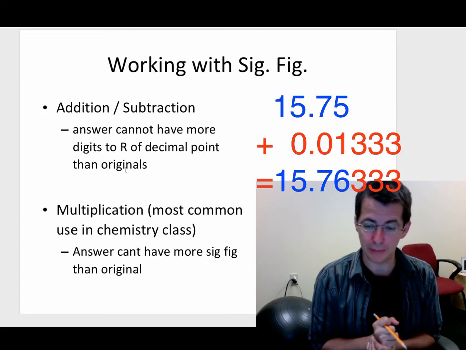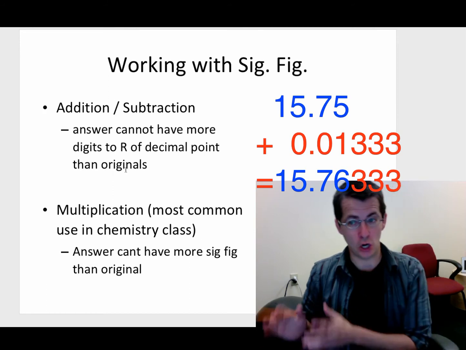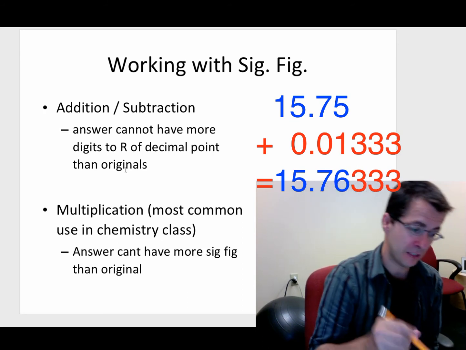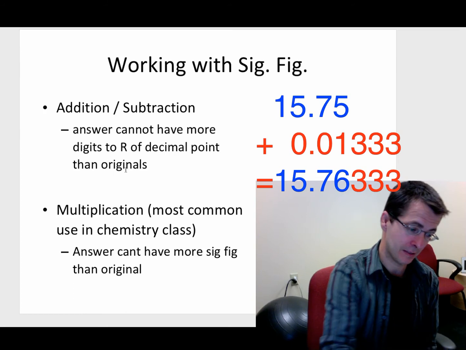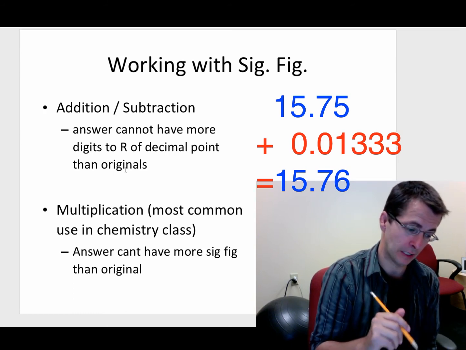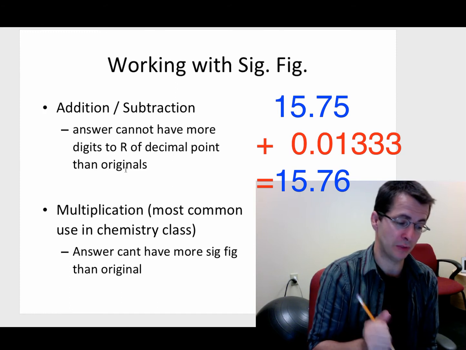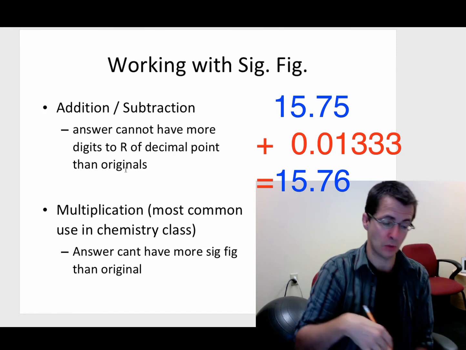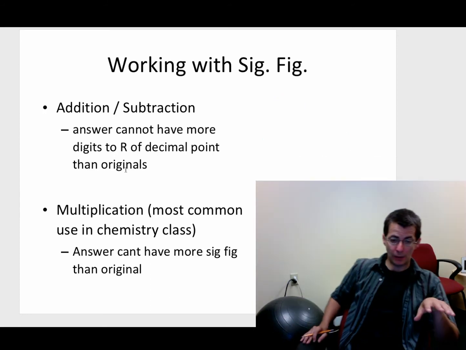So basically we're limited by the uncertainty in our last digit. So 15.75 plus 0.013333 would be equivalent to 15.76, and those extra digits would be truncated.